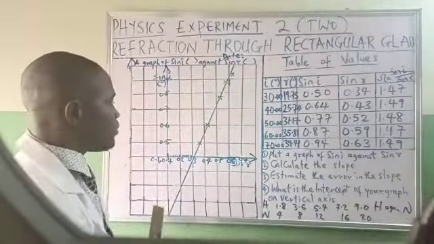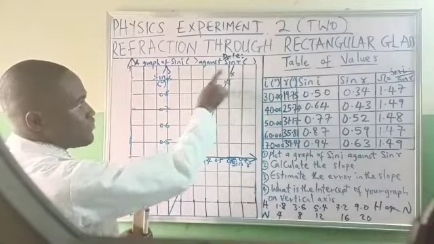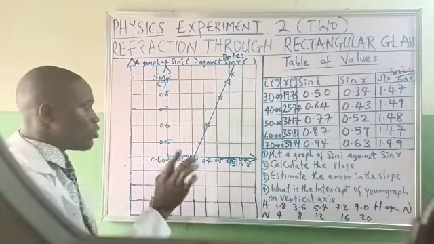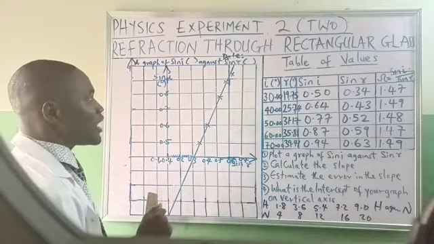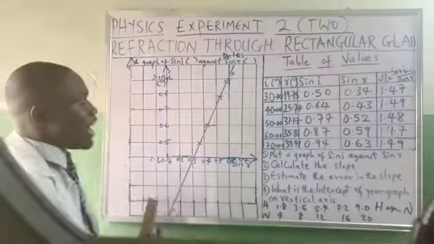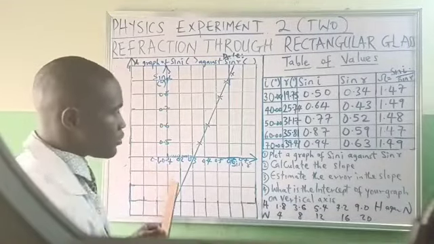Now, we are done with the plotting. You see that 1 point fell out from the line of best fit. Only 1 point fell out. So we now look at our line of best fit, and we are to get our slope. They say calculate the slope.